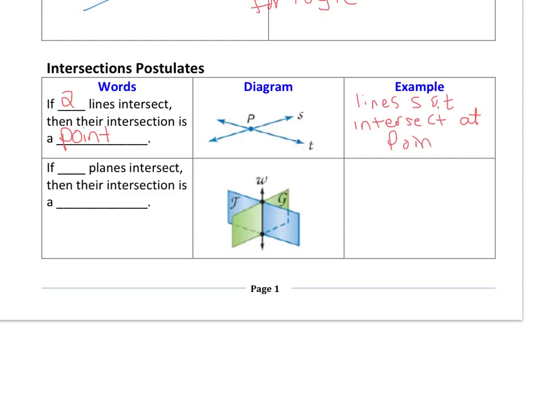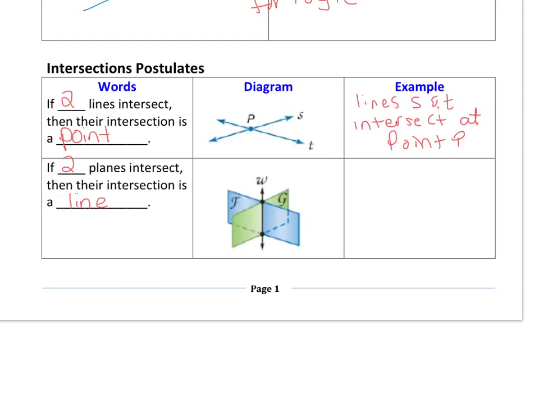All right, next one. These next two are both involving intersections. In the next diagram, we have two planes that are intersecting. If two planes intersect, then their intersection is a line. I noticed on the last exam that this one is still a little bit hard for some people.